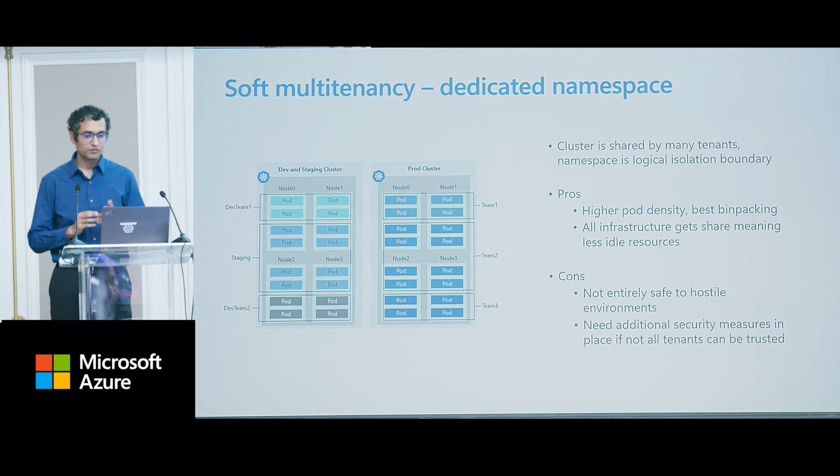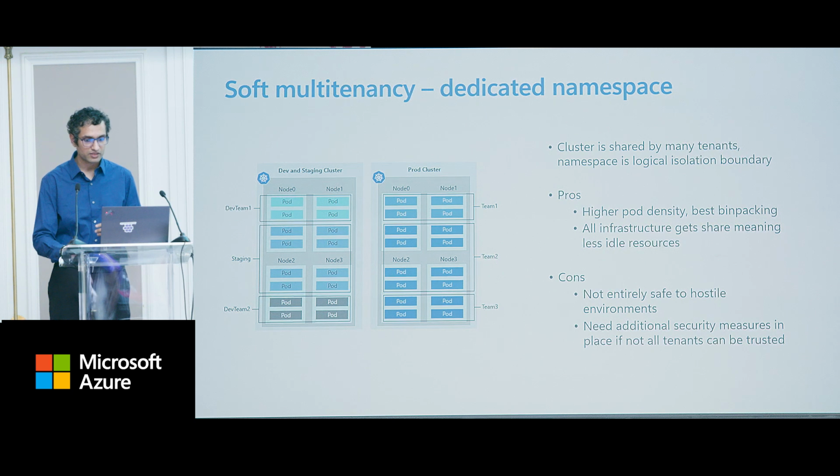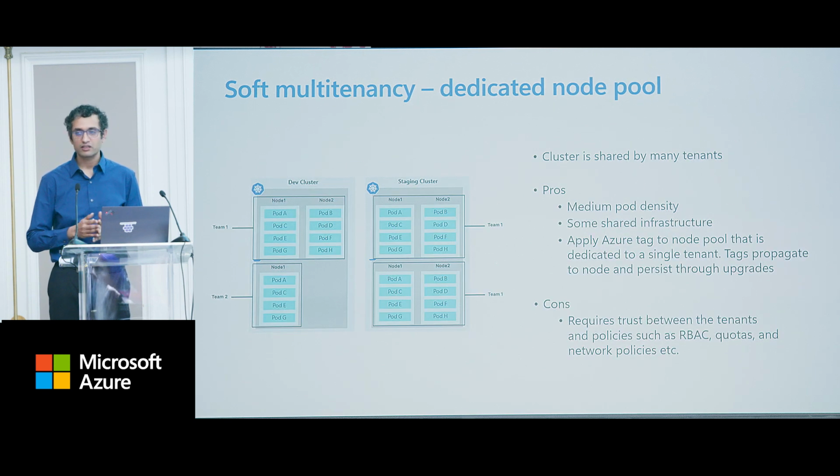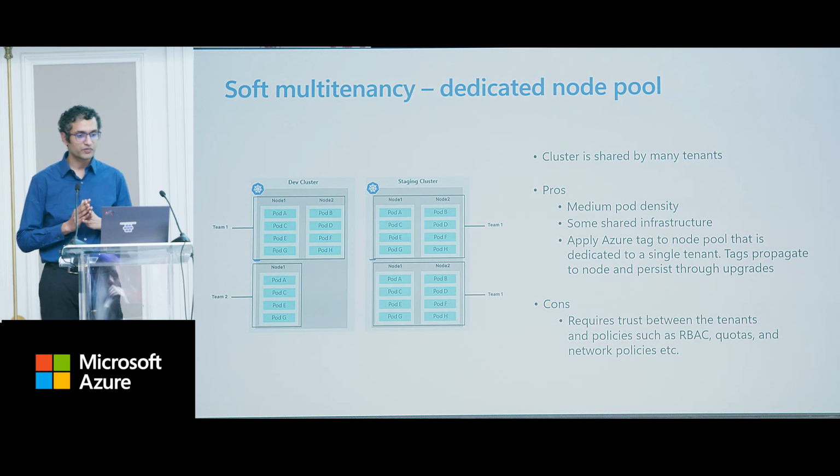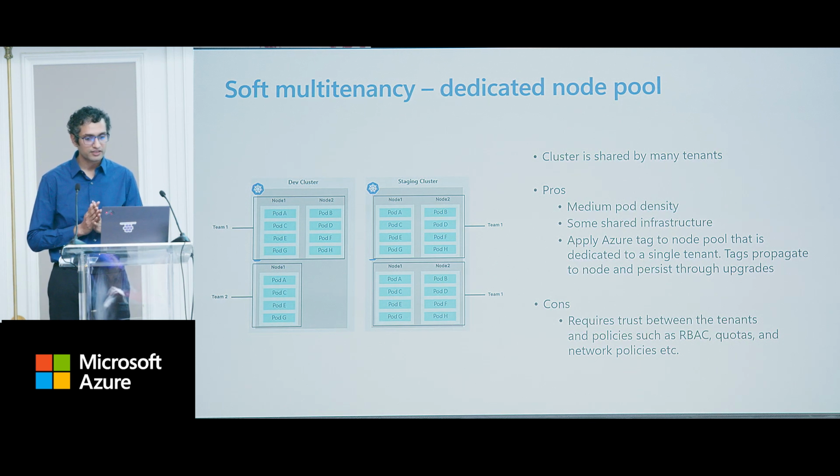The pros are higher pod density, good bin packing, and infrastructure shared with less idle resources. It's not entirely safe for hostile environments, and you need additional security measures if not all the tenants can be trusted.